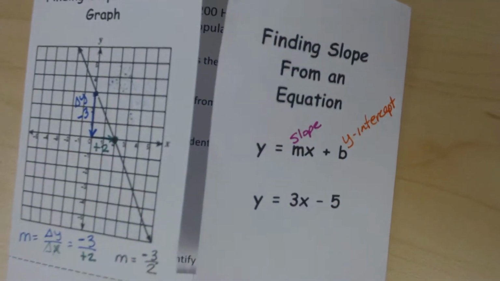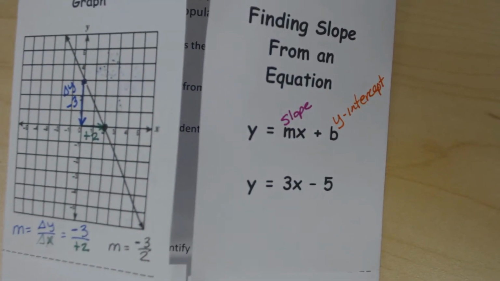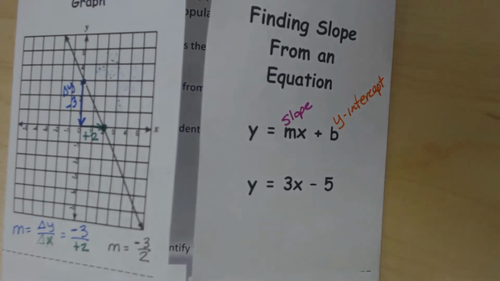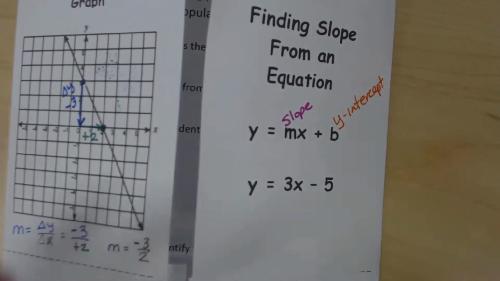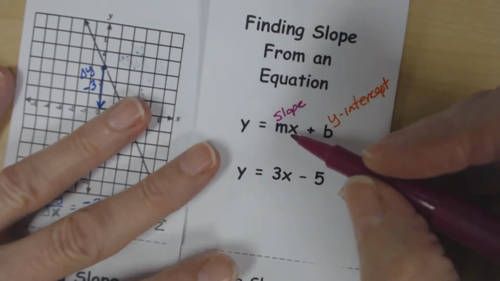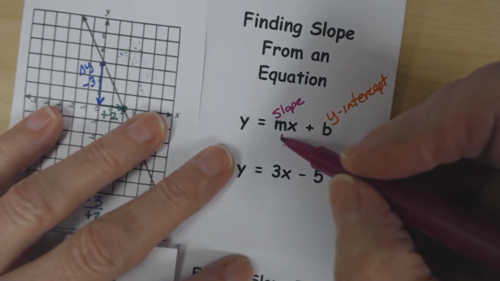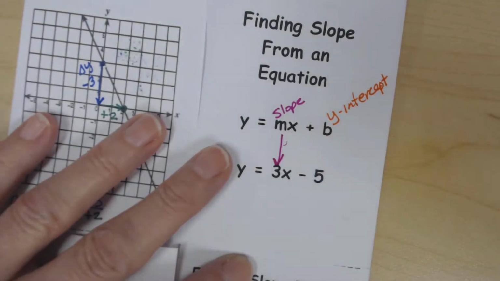What we have to do at that point is match it up with the equation. So we can see that our slope here, what lines up with what's in front of the x, is the 3. So here's our slope.